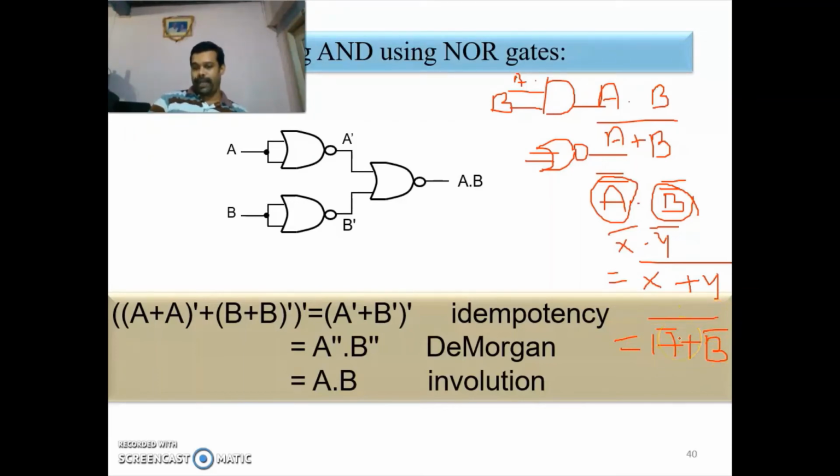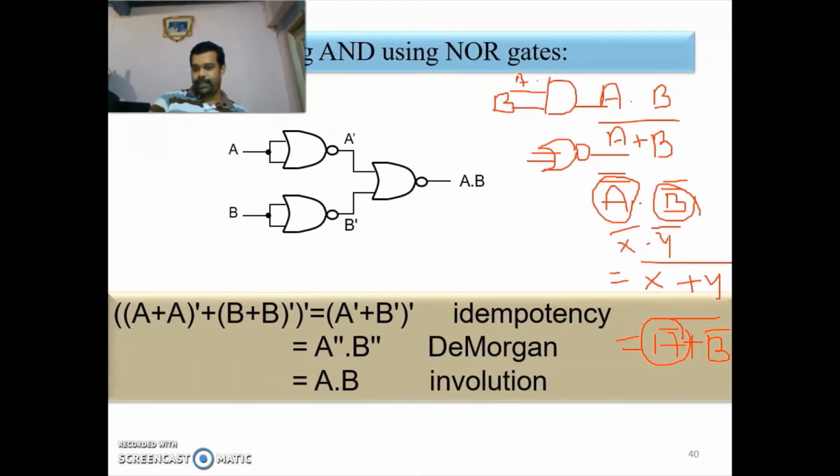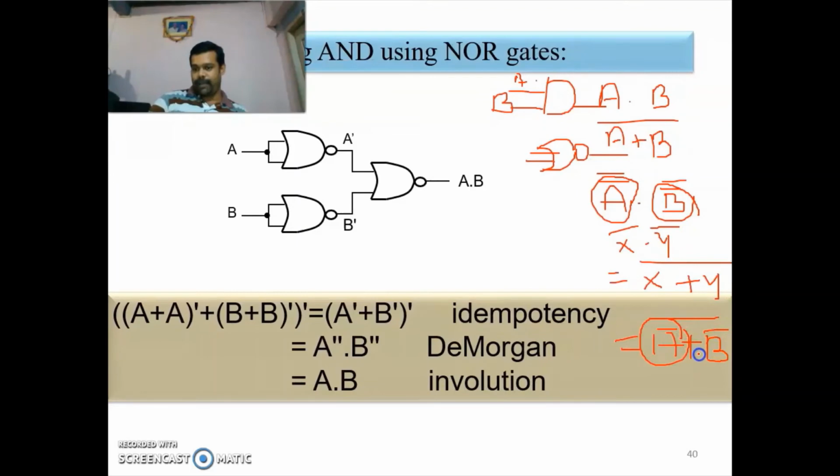So if I am taking the inputs A and B and complementing them, and then giving them to a NOR gate, I will get A into B. So I am getting the same.